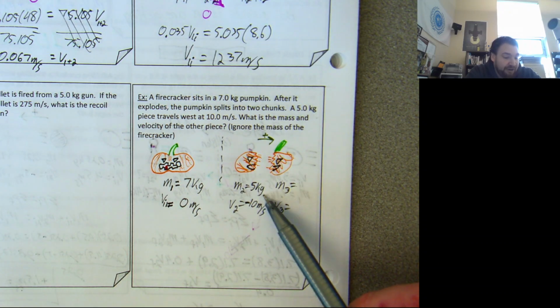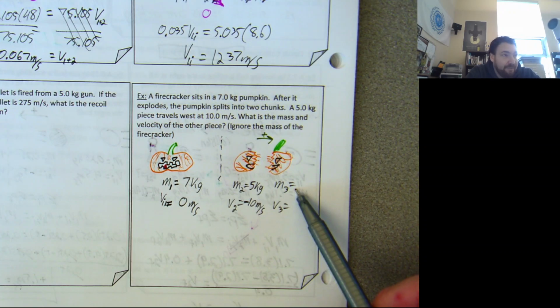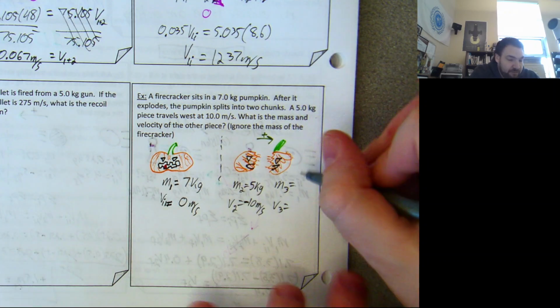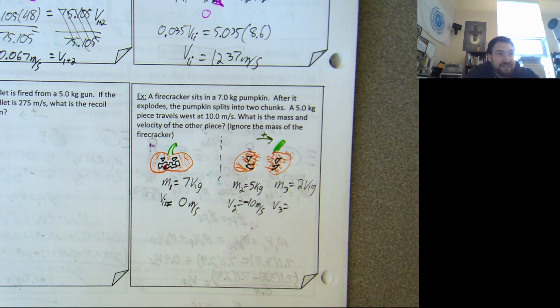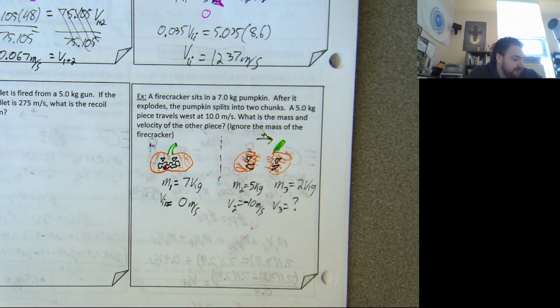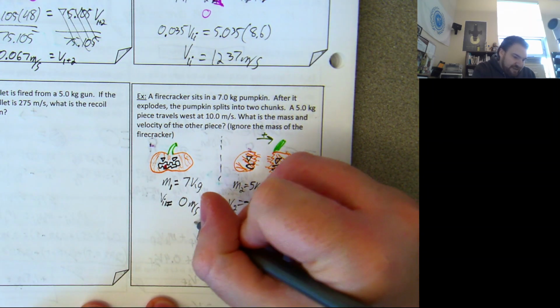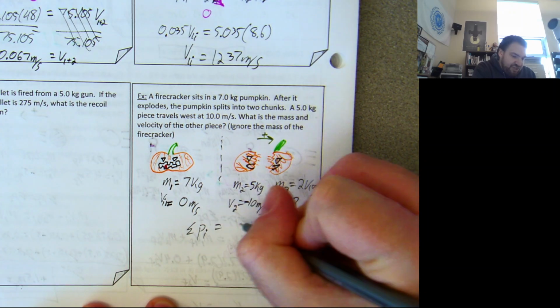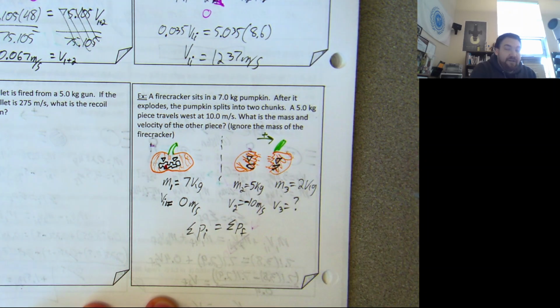So if this is 5 kilograms, what's the mass of the other half of the pumpkin? Well, it's not half, but the other piece of pumpkin. It's 2 kilograms. We're assuming it's a clean break, that we haven't lost anything. And we want to find out what the velocity of that piece is. So it starts the exact same way. The momentum initially has to equal the momentum at the end.